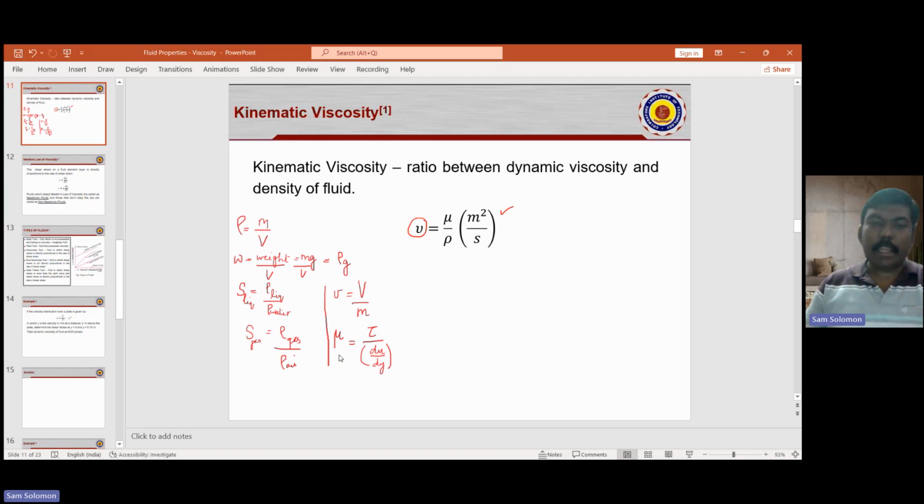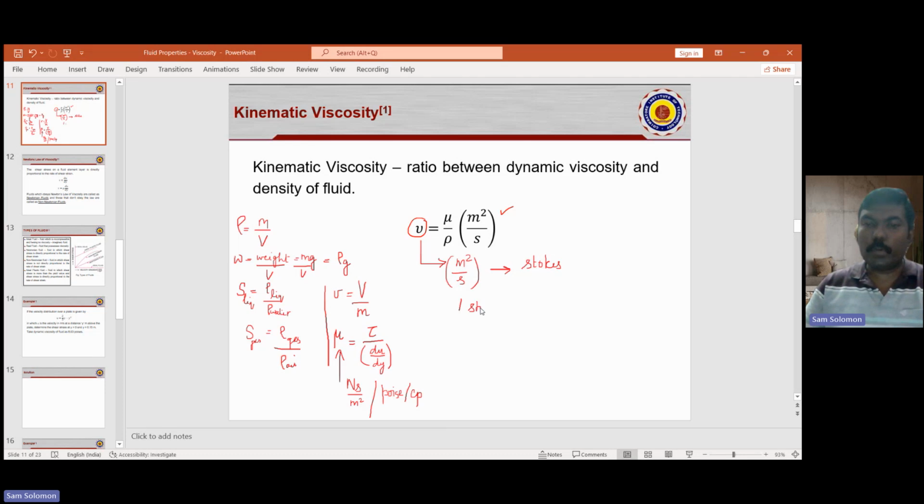Okay. So just like we had the unit for dynamic viscosity as Newton second per meter squared, or poise. Centipoise can be represented as cP and poise can be represented as small p. This kinematic viscosity, apart from meter squared per second, can also be represented in terms of Stokes.